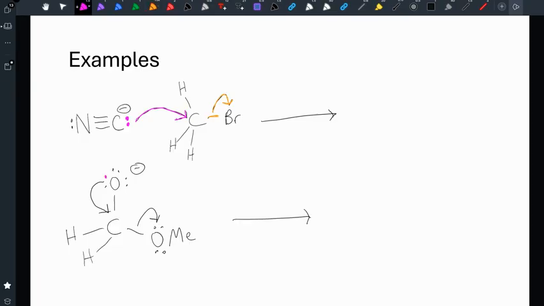But take a few minutes to think about what the products of each of these two sets of arrows would look like. So pause, draw what you think the products look like, and then come back.